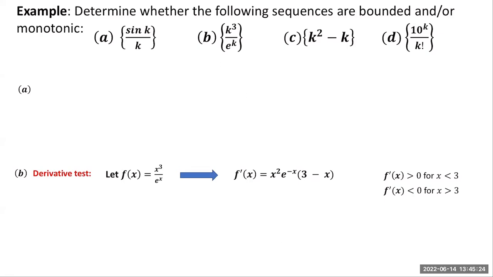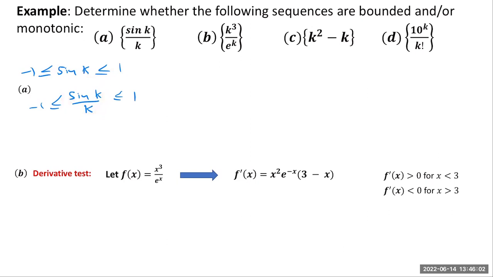Well, it is going to be a bounded sequence because first notice that sine k is always greater than or equal to -1 and less than or equal to 1, right? That means sine k over k is greater than or equal to -1 and less than or equal to 1, right? If you divide this quantity, which is between -1 and 1, by a quantity greater than or equal to 1, and this k is a quantity which is greater than or equal to 1, again you get a quantity between -1 and 1.